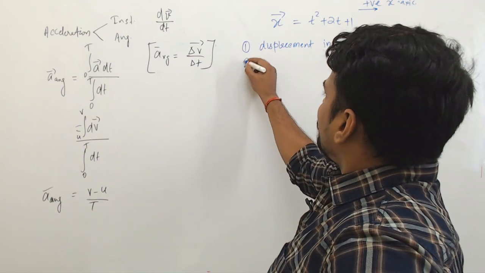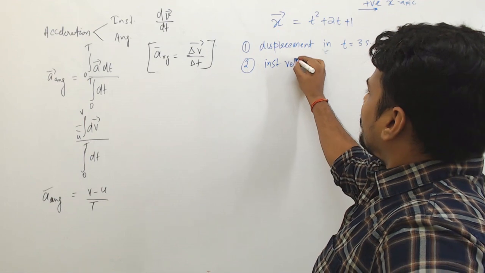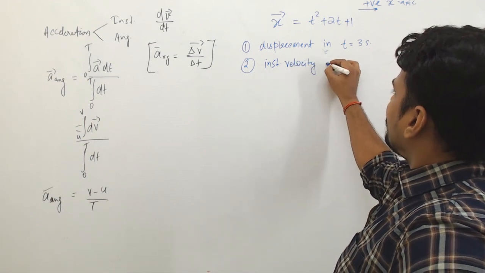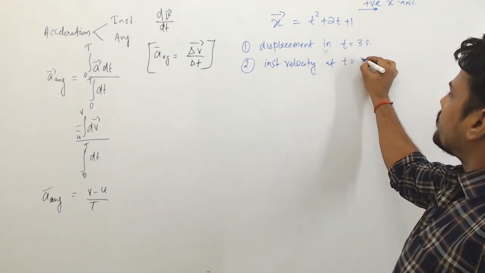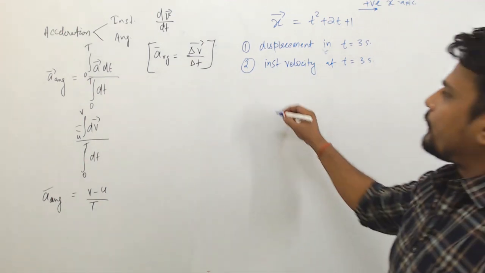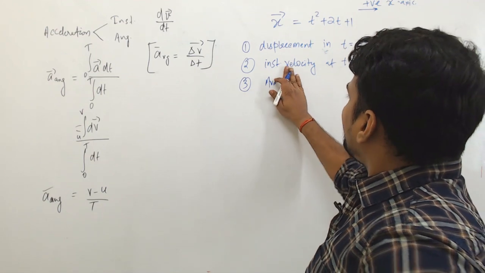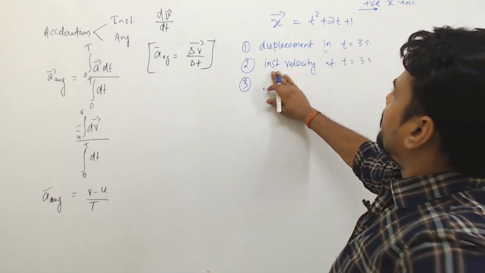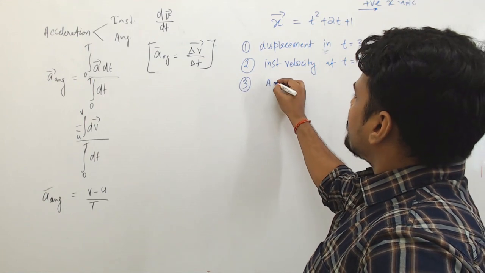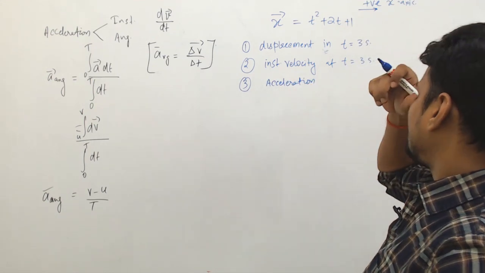Also, I wanted to find instantaneous velocity at time t is equals to 3 seconds. Now, number 3, what you can find is average velocity, or maybe you can find acceleration. चलो वो भी निकाल लेते हैं जी. Acceleration क्या दिक्कत है, उसको भी ले लेते हैं.